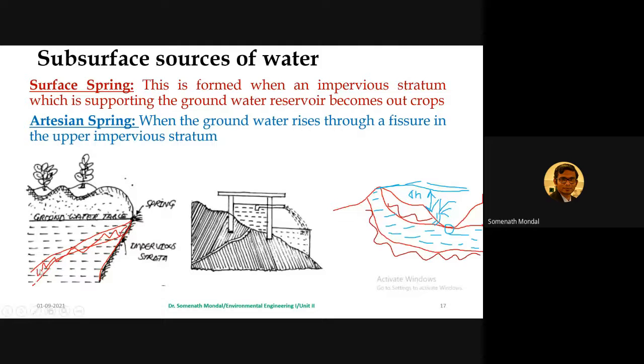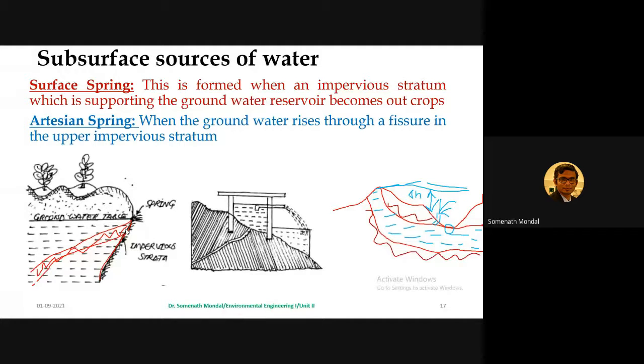You can also have another impervious layer sandwiched between two aquifers. If there is a sharp drop, and at the same time the impervious strata get exposed, then at that joint you can have a spring, and that spring is known as a surface spring.